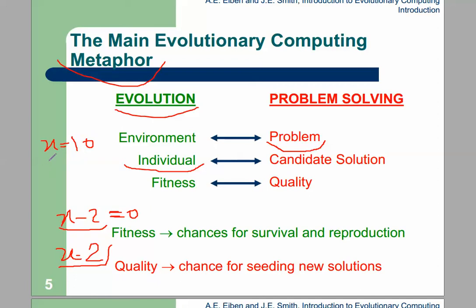Then you improve this solution. For example, you reach 7. 7 minus 2 is 5. 5 is nearer to 0 than, for example, the previous solution.